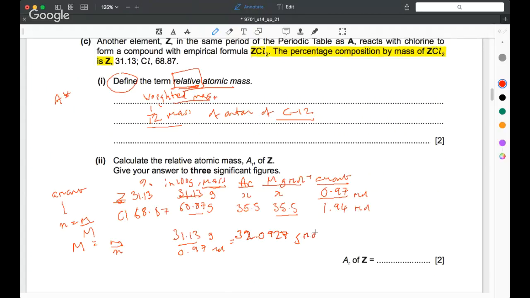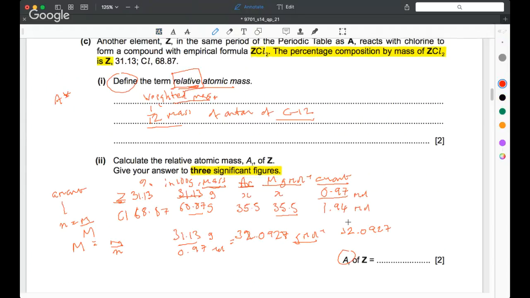That's the molar mass. But the relative atomic mass of an element is the same as its molar mass, but without the unit. The numerical value is the same. And so the relative atomic mass for this element is 32.0927. But the question is saying, isn't it, that we've got to go for 3 significant figures.